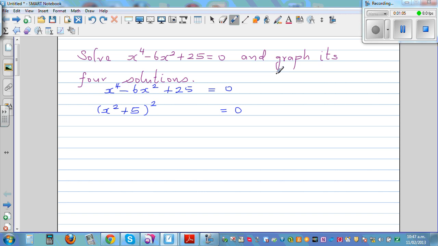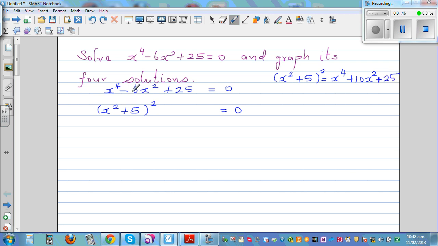Let me write this again. x squared plus 5 the whole squared. If you expand it, this is equal to x raised to 4 plus 10x squared plus 25.